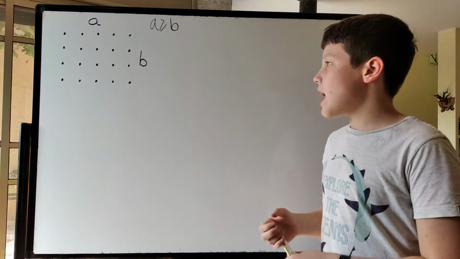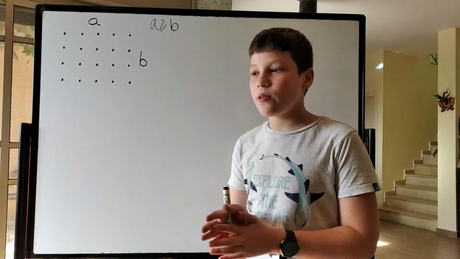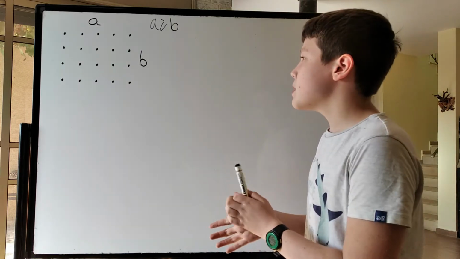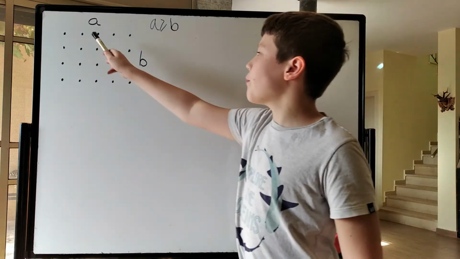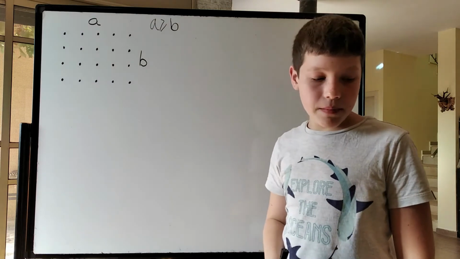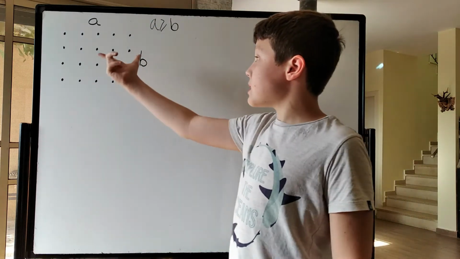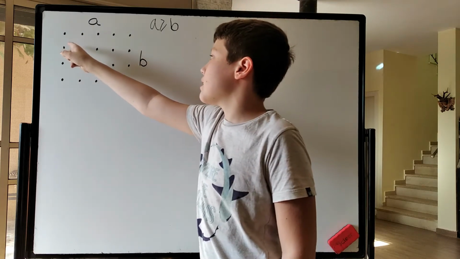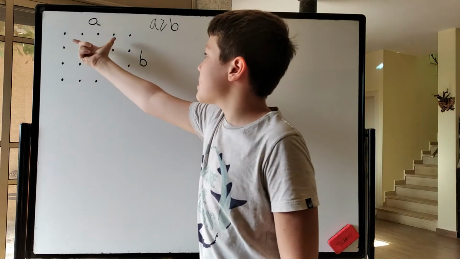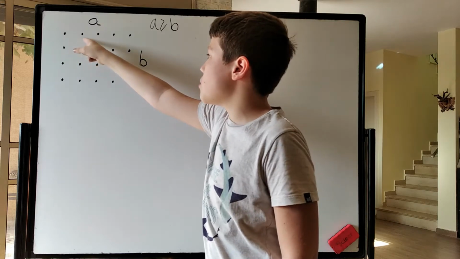So now, let me say a few things before we get started. We're going to refer to A and B as the length in units. So maybe in this specific example, A is not 5 points, but it's a length of 4 units.